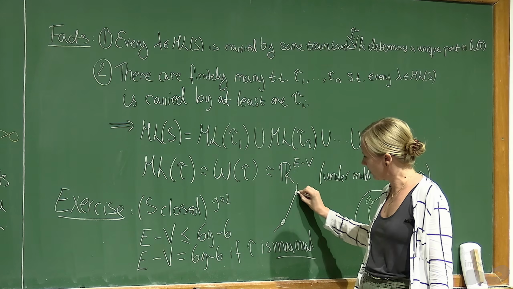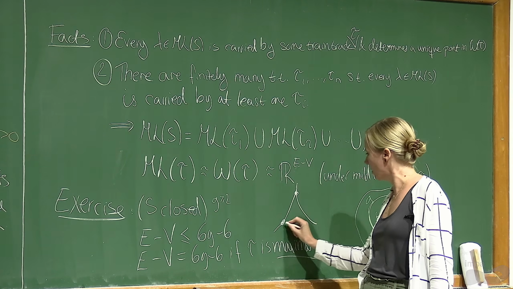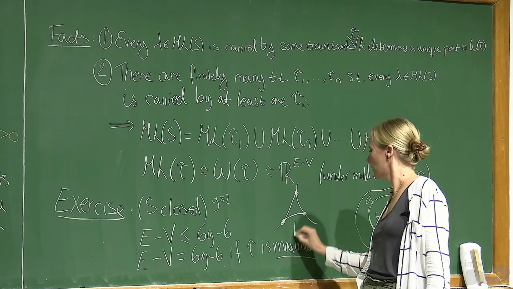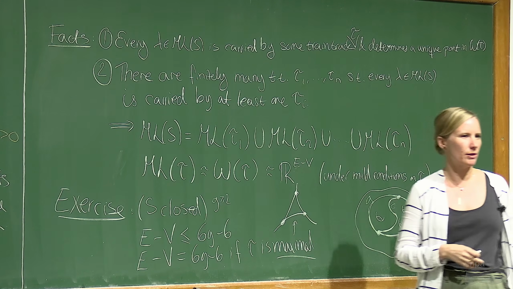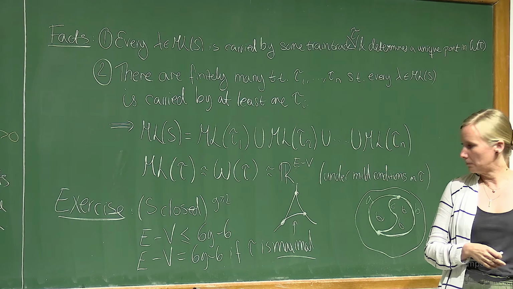Remember, we're not allowed monogons or bigons, so as small as possible means that all complementary regions are triangles. Okay?